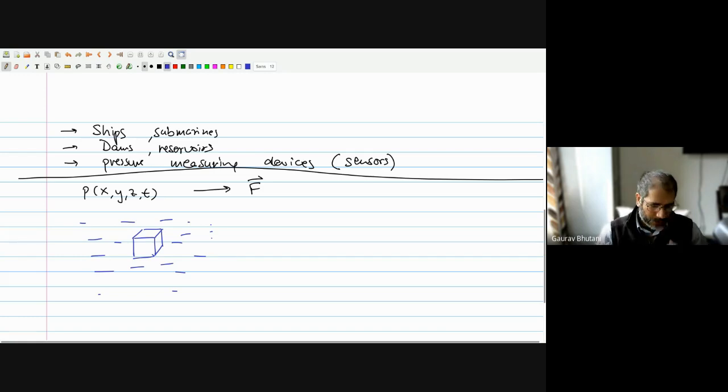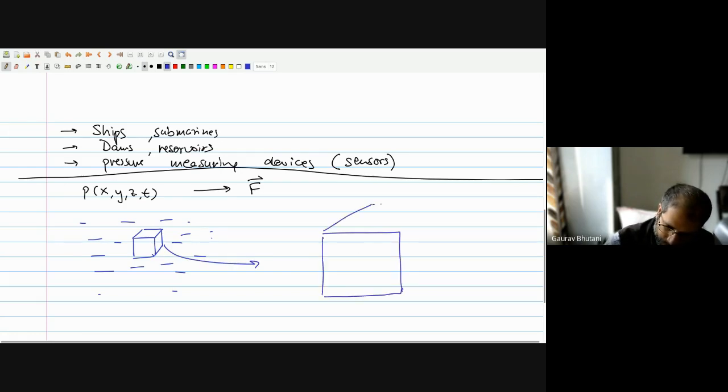So we have taken an imaginary fluid volume that I've denoted using this cube. Let's call it a cuboid, not a cube, so that means it has different sizes in different directions. So let me zoom into it. The size is small, so I'll call it delta x, delta y, and delta z.